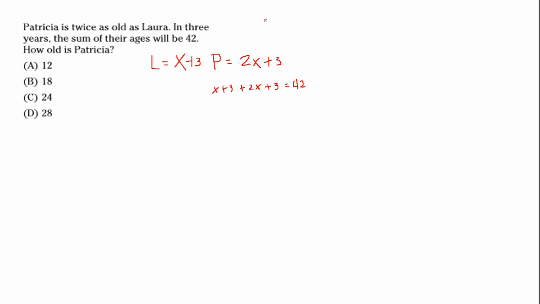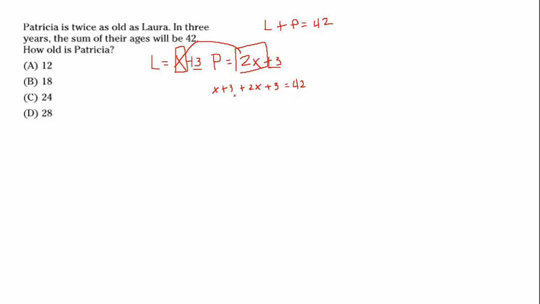Again, this is just saying L plus P equals 42. I let L be represented by x since we didn't know her age, and P be represented by 2x since she's twice as old. 3 years affects both of them, so I had to add 3 to both of them. Okay, and that's how we came up with this.